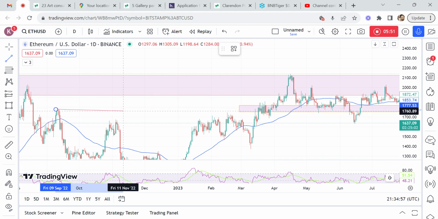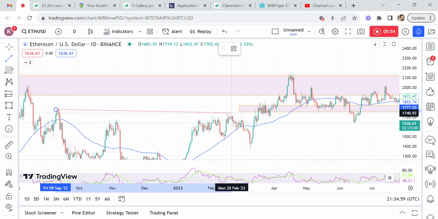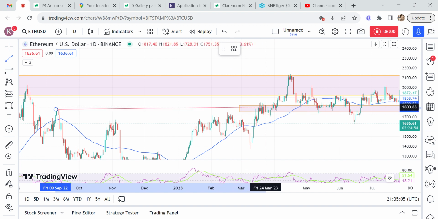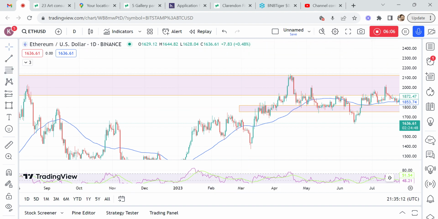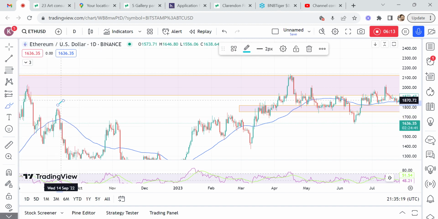You find out that this is almost on the same level. This is almost on the same level. So obviously there are stops here that were cleared. Let me use a brush too. This is a stop that was cleared. Another one.